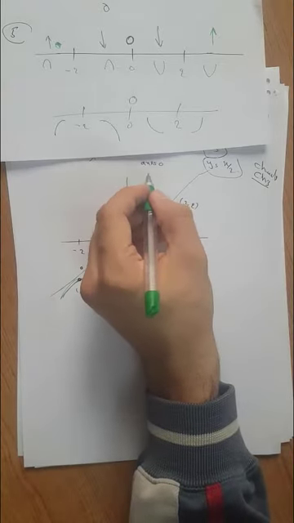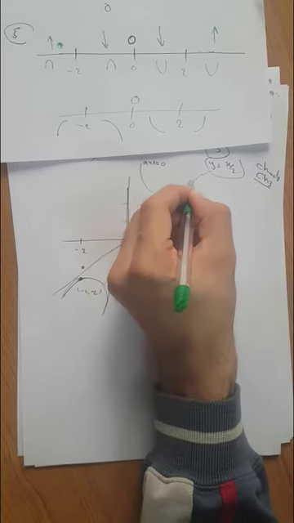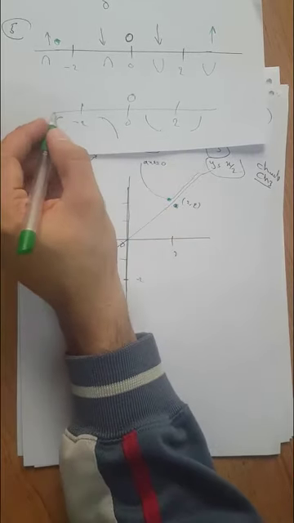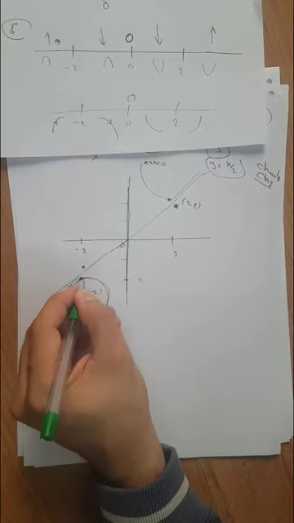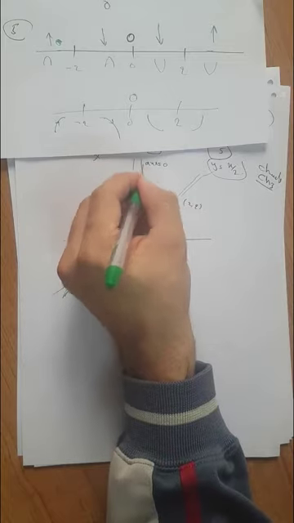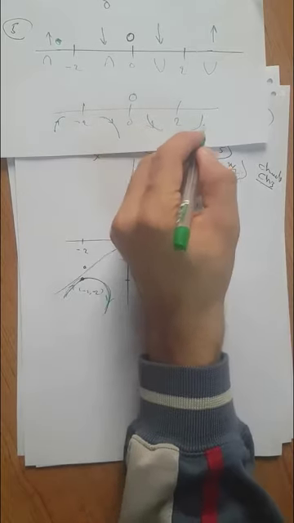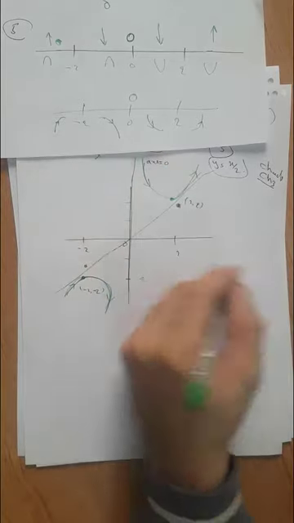We have up and up. Look, down increase, down decrease, down increase, down decrease, and 0 is a vertical. So up decrease, up increase, up decrease, up increase. That's all that we have.